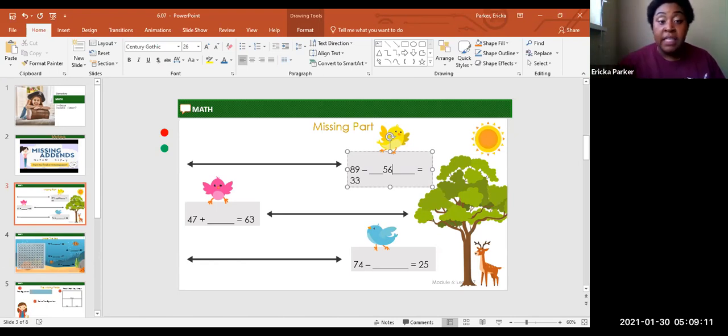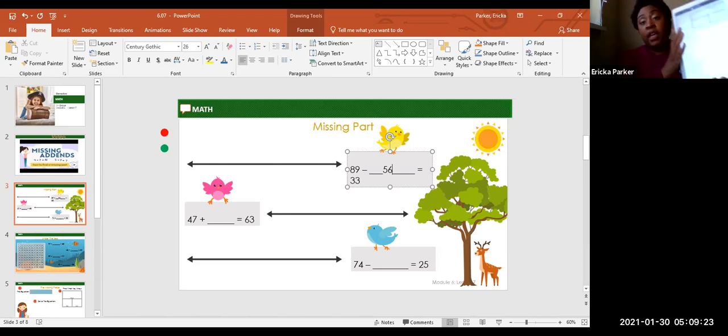We're looking at 47 plus blank equals 63. So our answer is 63. If you want to create a little chart so that you know what you are working with, our biggest number is 63.